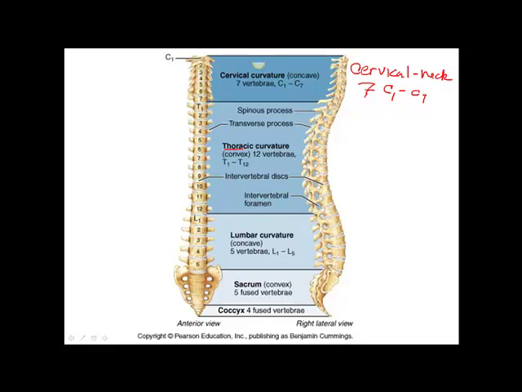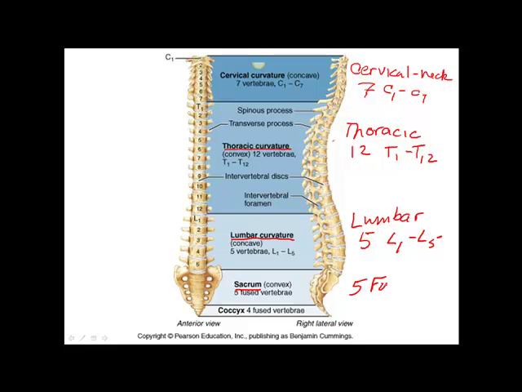The next section are the thoracic vertebrae, and there are 12 of those, and they're called T1 through T12. The next area is lumbar, and there are 5 of those, called L1 through L5, and then the sacrum, and this is 5 fused vertebrae.